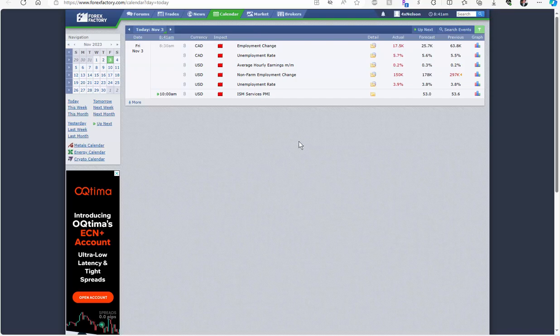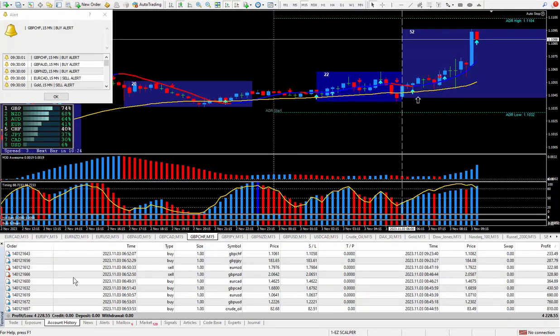And my system points me in the direction prior to the news coming out whether I should be buying or selling. So like I said, I took the trades actually before 7 o'clock this morning. So an hour and a half before, I knew which way the market was going to move when the news came out at 8:30.